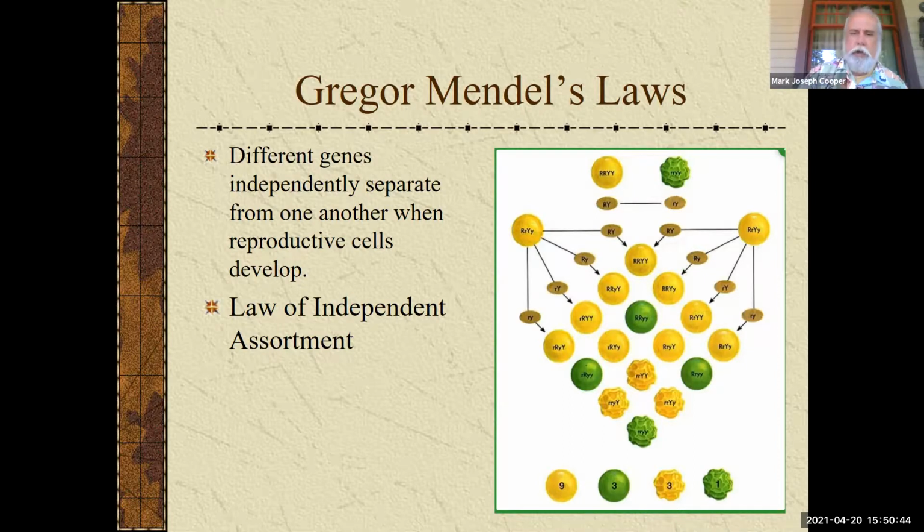Because the odds are, and we're gonna look at those numbers in the Zoom session, what those really mean. Okay, so again, it doesn't matter. Yellow and green doesn't have effect on smooth or wrinkles, so they're independent of each other. All right, and with that, we will stop this video and move on to our next one.